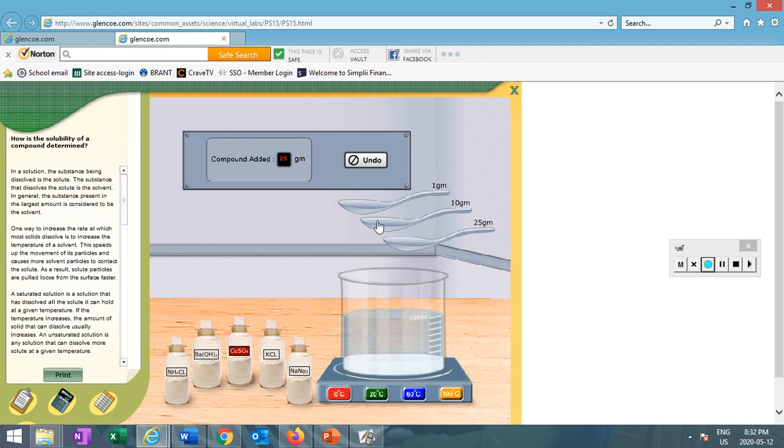Gotta be 24. Oh, 23, or 24. Yes, 24 for CuSO4 at 0. Okay, let's up it to 20 degrees.